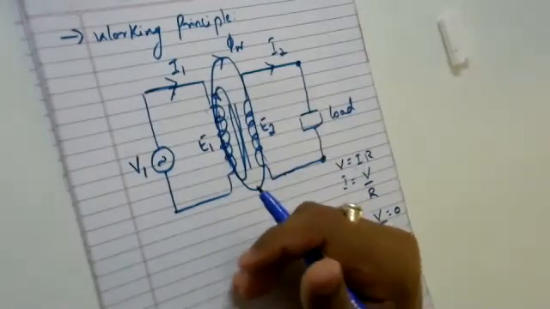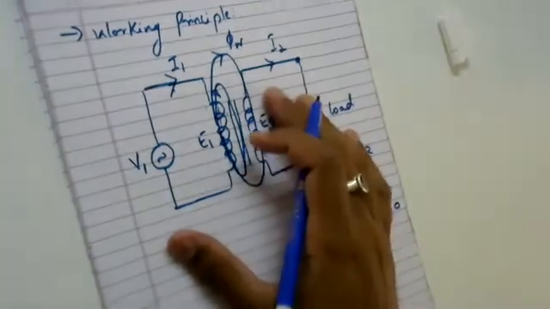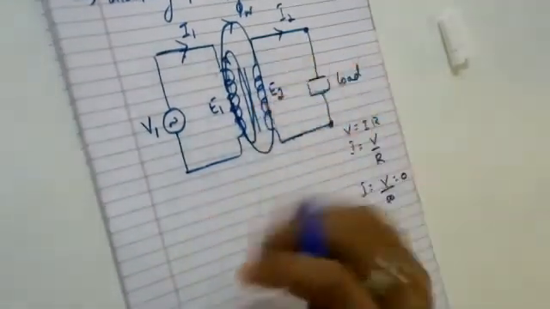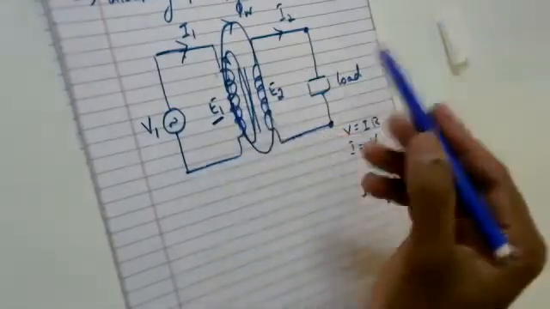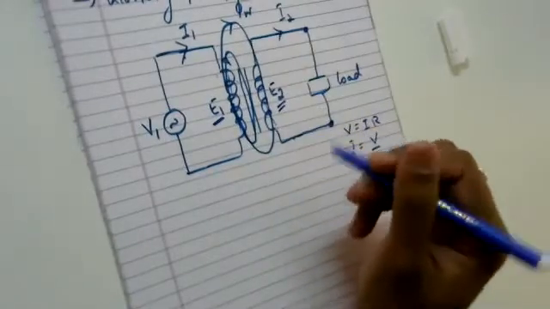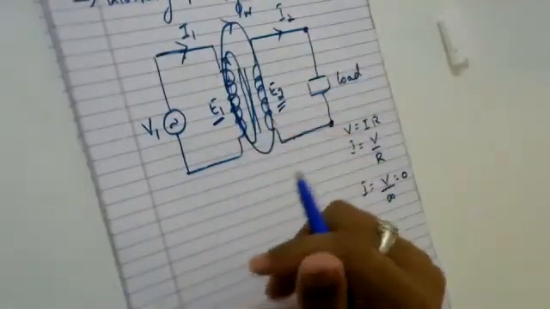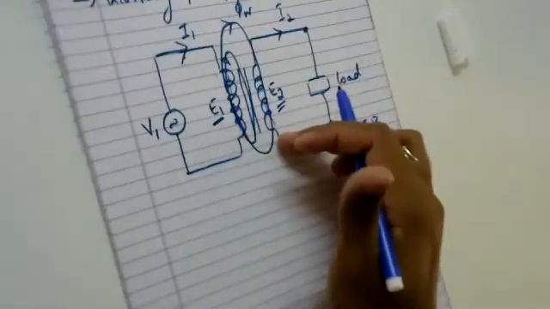which allows us to understand how this transformer is going to operate. Now, we said that E1 is a self-induced EMF and E2 is a mutually induced EMF. Now I want an equation for the magnitude of E1 and the magnitude of E2.